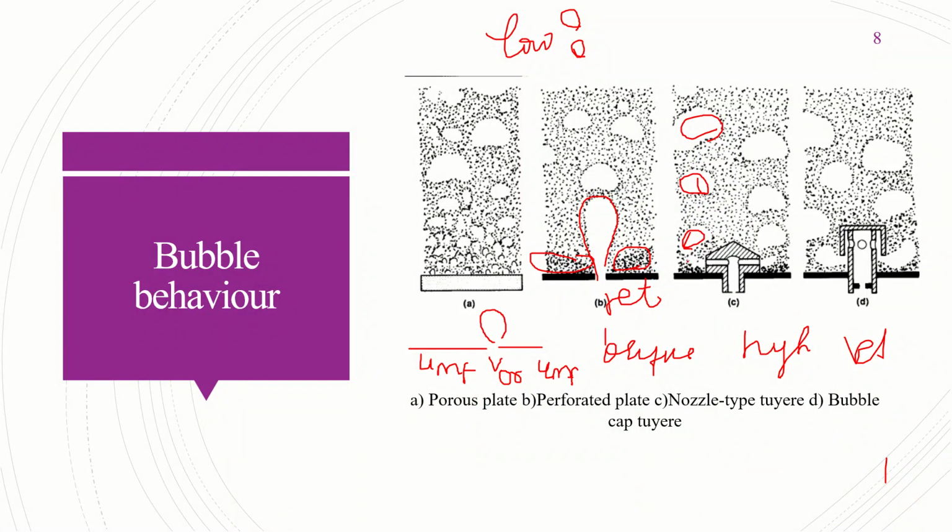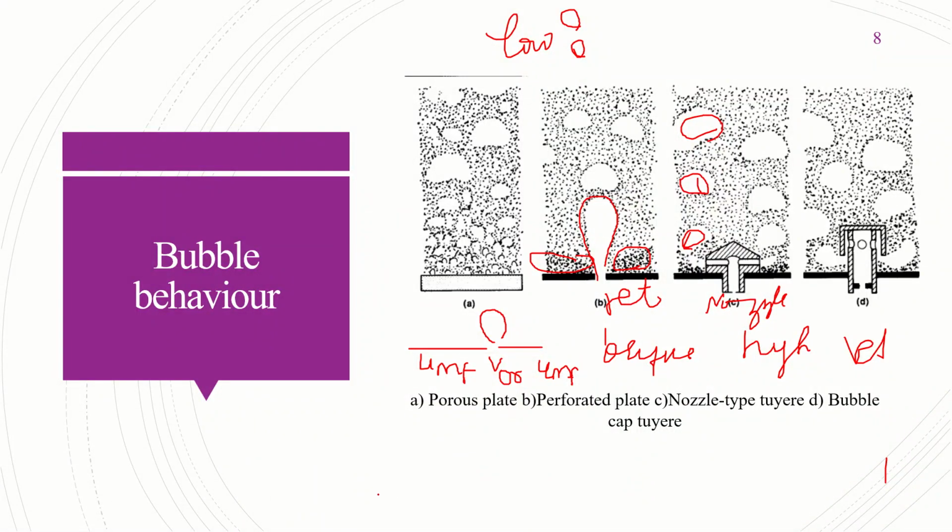And this is the nozzle type. In the nozzle type, the jet formed causes a large disturbance, and it causes better mixing of the particles than when we were using perforated plates for the same orifice area.